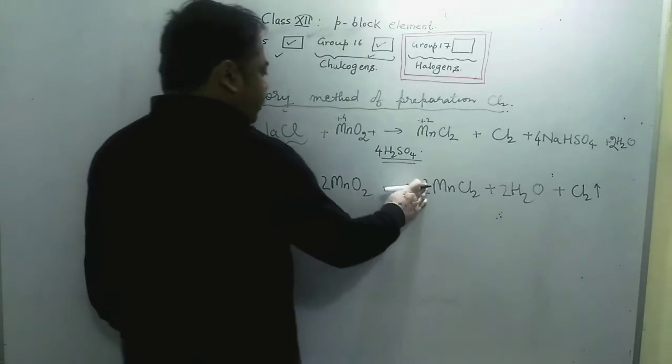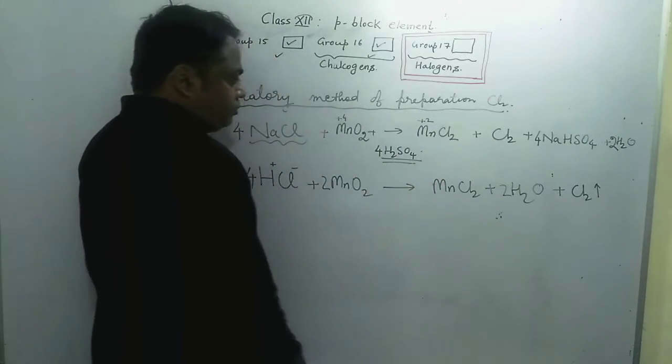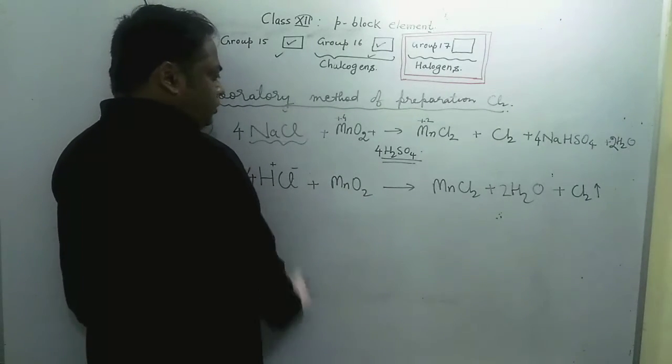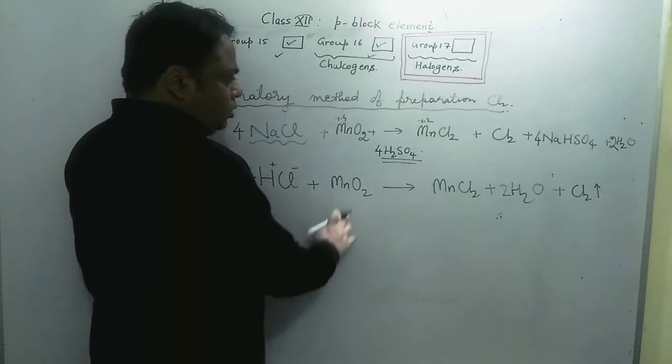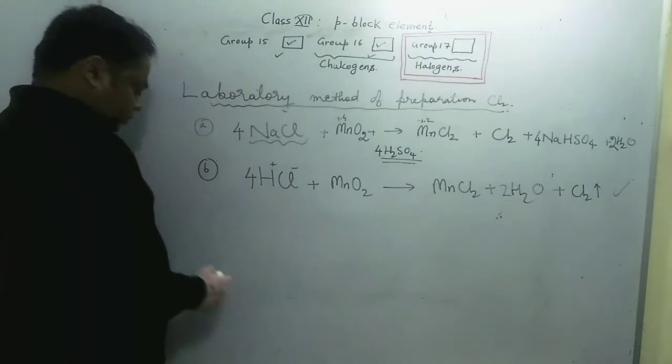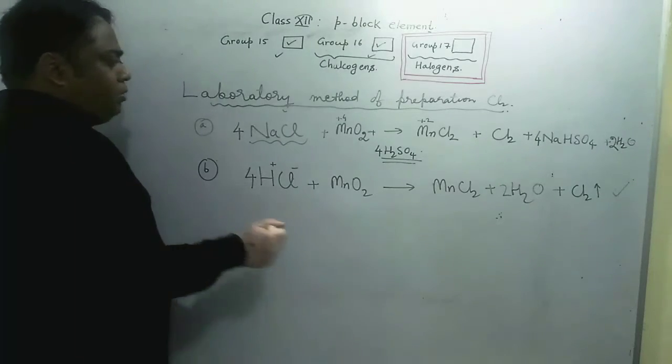So this will become only MnCl2. Now 2 oxygen here, 2 oxygen here, it is balanced. So our objective is to take out chlorine gas.